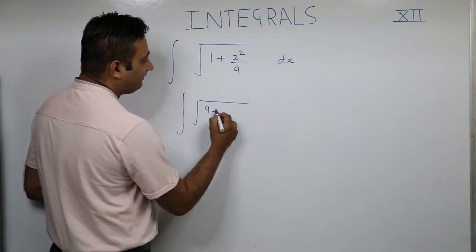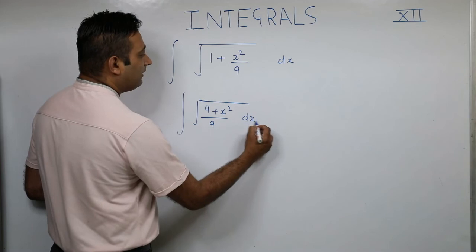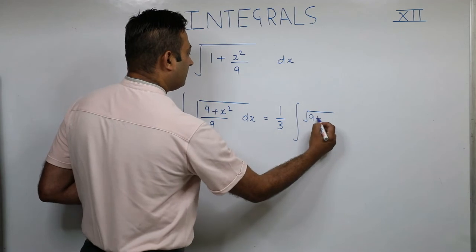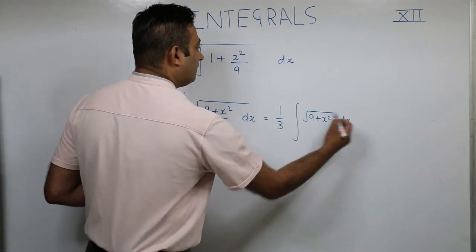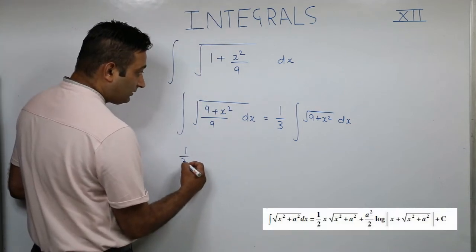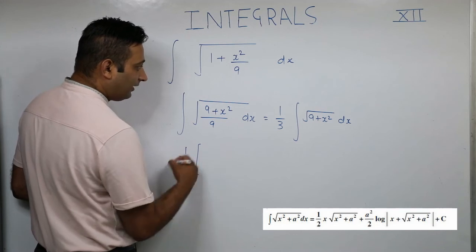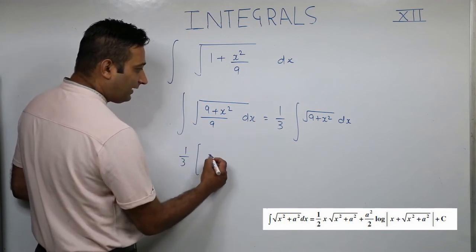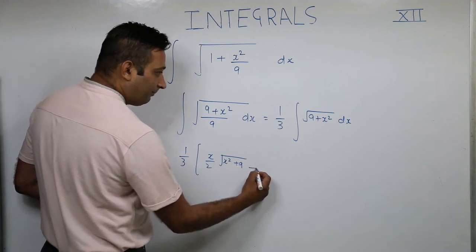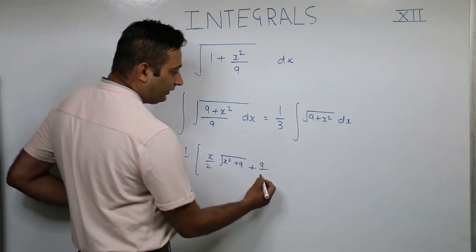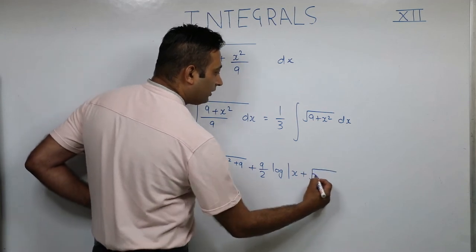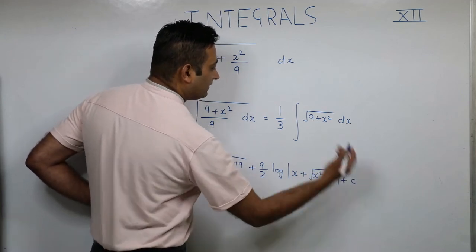What we'll get here is under root of (9 plus x square) divided by 9 dx, which can be written as 1 by 3 integral of under root 9 plus x square, which is a standard form under root a square plus x square, which is equal to x by 2 under root x square plus a square, where a square is 9, plus a square by 2 log of mod x plus under root x square plus 9. Since 1 by 3 was already there, a was 3, so a square is 9. That is our answer.